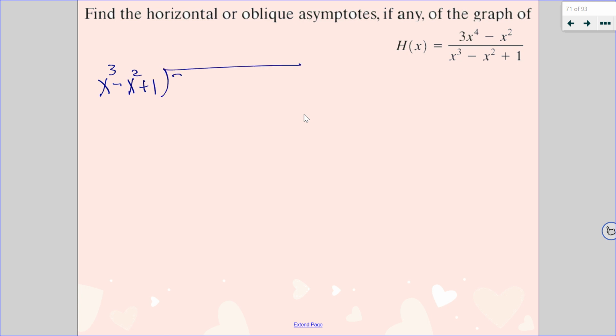This is not a nice one. I'm trying to add some zeros just to spread it out a little bit. I don't know if I'll need them, but we'll see. Okay, so x cubed times what is 3x to the 4th? 3x, good. And then below I'll write the product of 3x and my divisor.